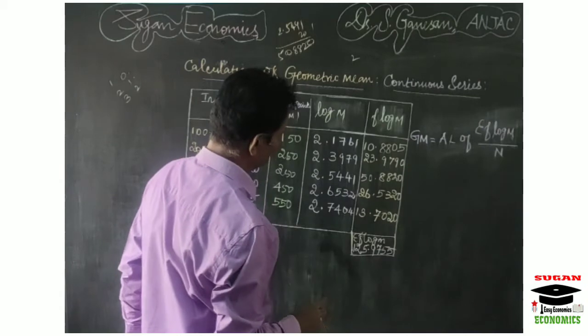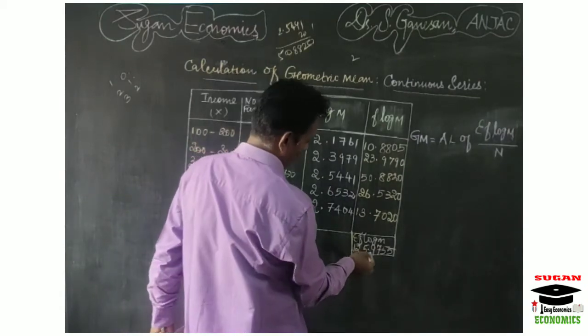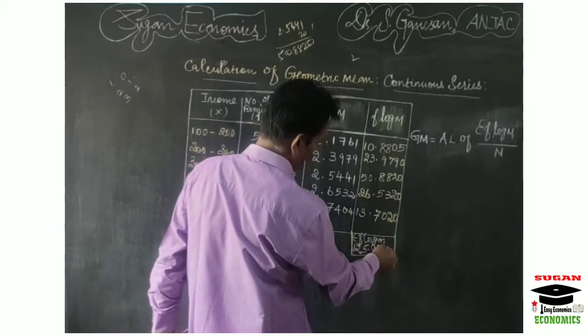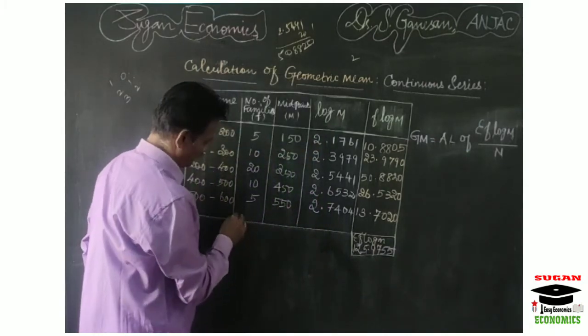So here the total is equal to 125.9475. So now we have to find out the n value.